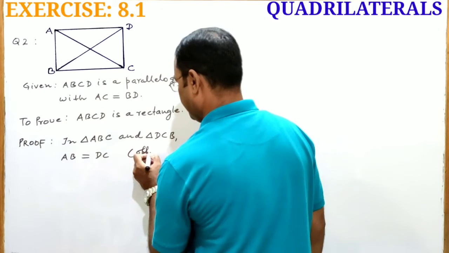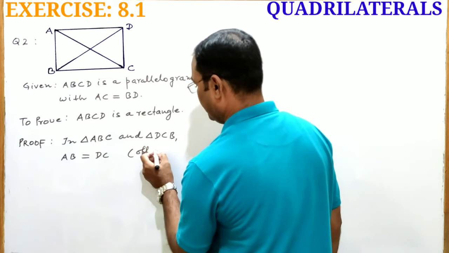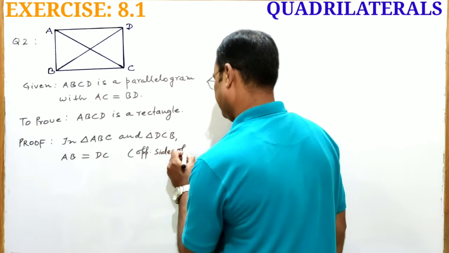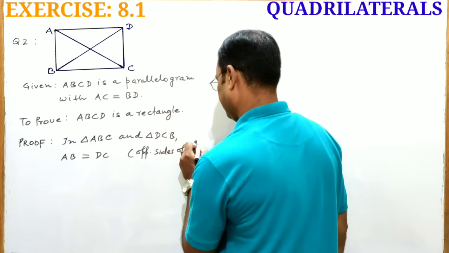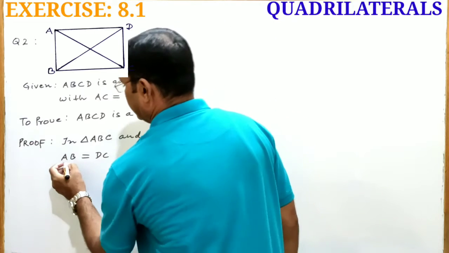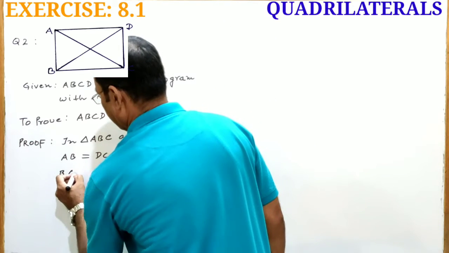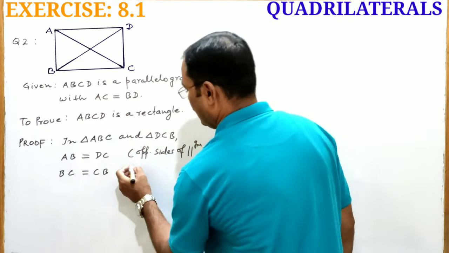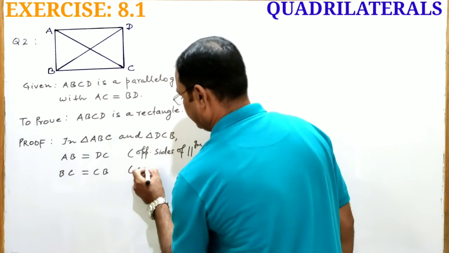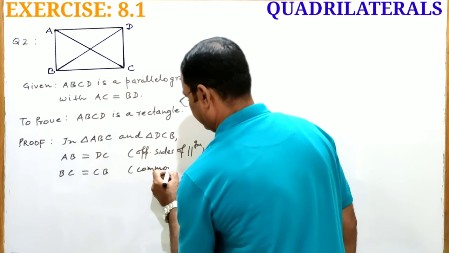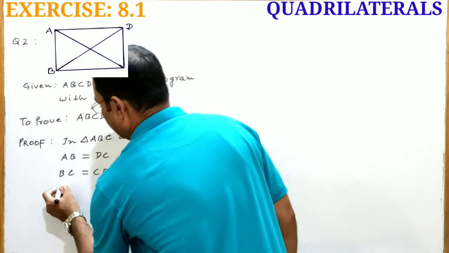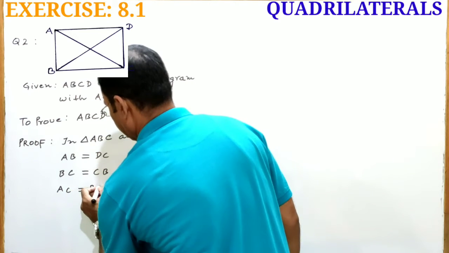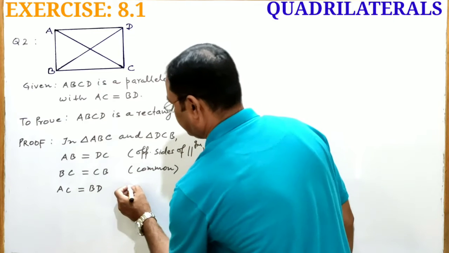Opposite sides of parallelogram are equal. BC is equal to CB, common side. AC is equal to BD, it is given.